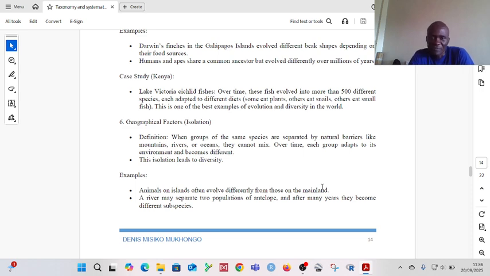So over time, each group will adapt to its environment. Because remember, from one part of the mountain to the other, there could be even different foods. There could be different stimuli, different temperatures. Okay? So with time, the group on one side of the mountain, because it is isolated from the other group, they cannot meet. They become more used to what is present in their environment.